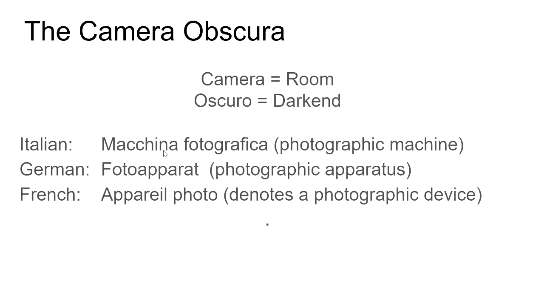So it's a different thing. Similar to German, where they say Fotoapparat, which is basically a photographic apparatus, not a camera. In French, I don't speak French, but appareil photo is basically saying a photographic device. In Spanish, it's similar to using the word camera.